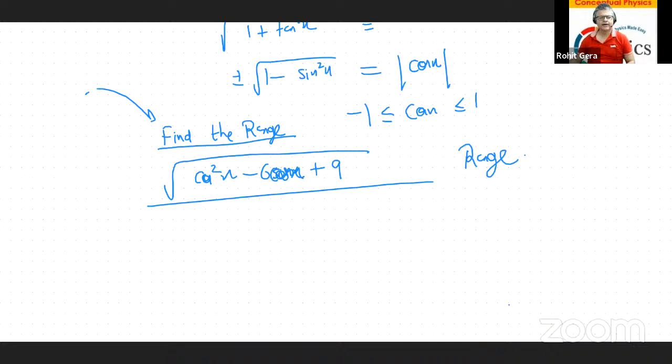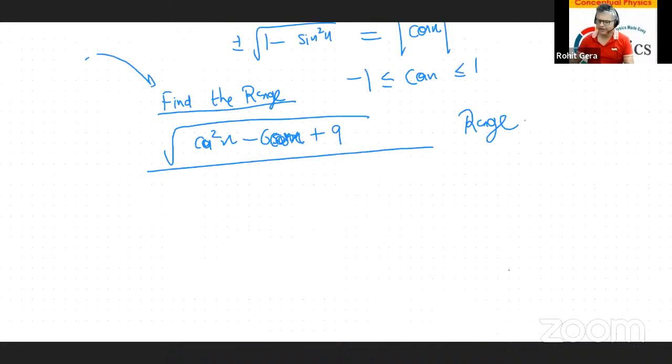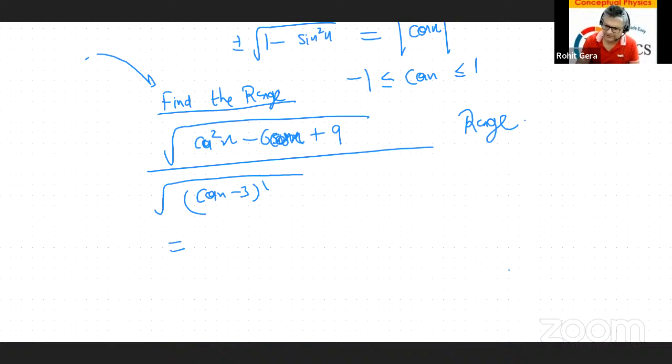You have to complete the square, the hint will tell you. So I can write this as cos x minus 3 whole square. So what will this become? Cos x minus 3.